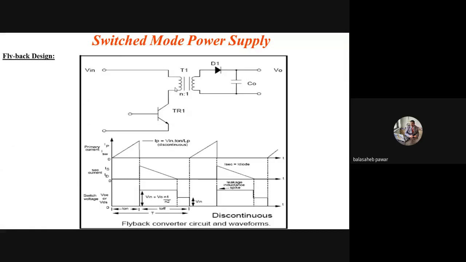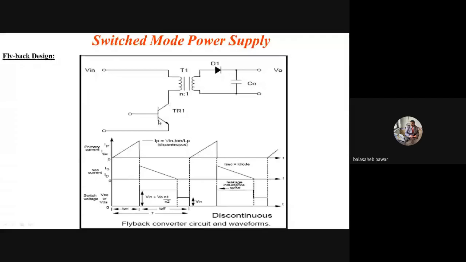And that's why the current is decided by its di/dt rating. So the inductance L of the primary, L di/dt, decides the rate of rise of current in the primary whenever the transistor is in the on state.